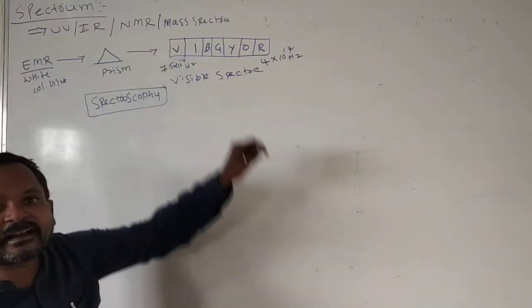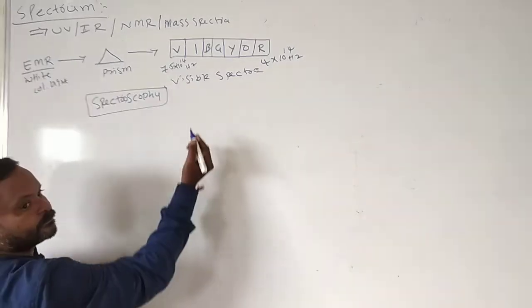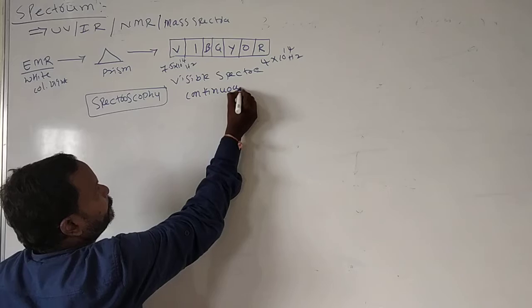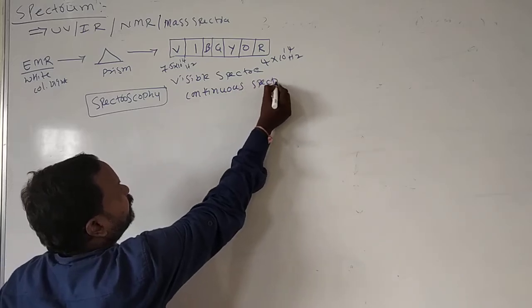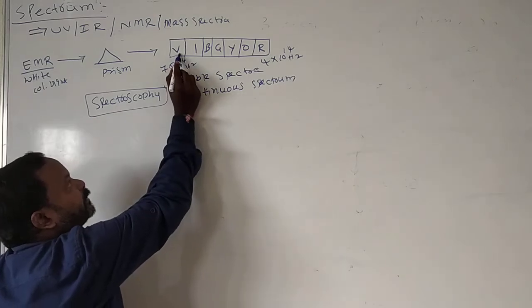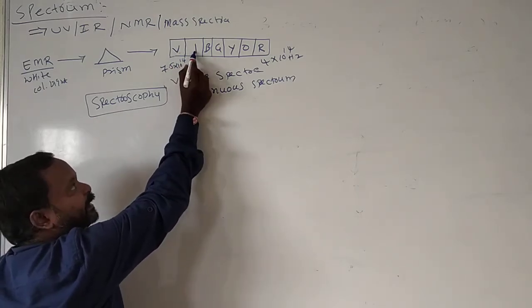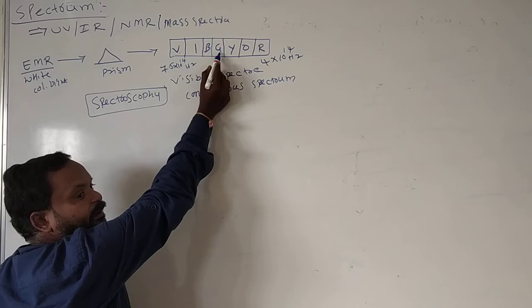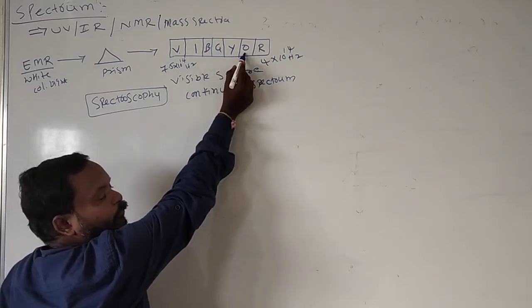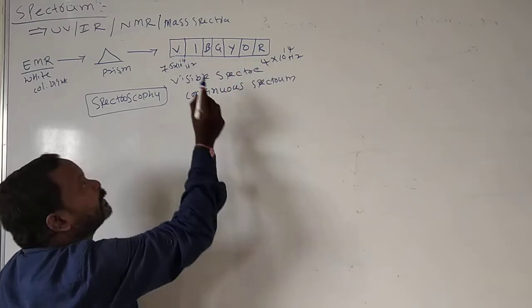Okay, this is the continuous spectrum. Here we get a continuous spectrum. Continuous spectrum means after violet color, V means violet, I means indigo, B means blue, G means green, Y means yellow, O means orange, R means red.